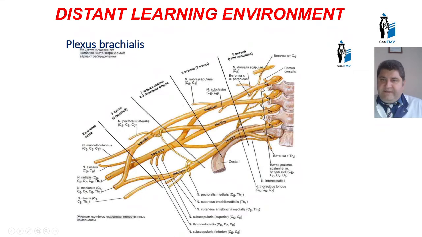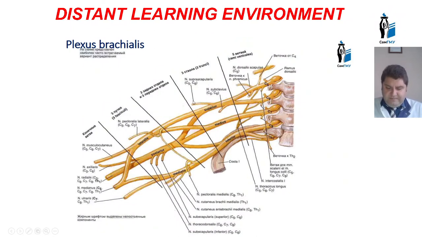Next, you may see that some branches pass to the scalene muscles. And also you may see that a short branch passes to the subclavian muscle. This is the subclavius nerve.